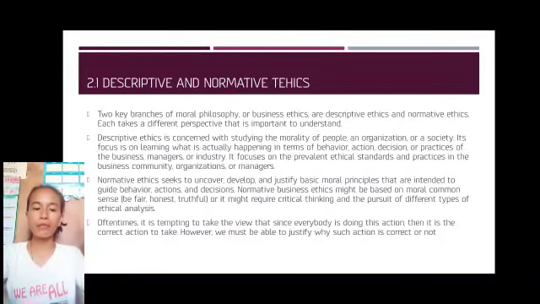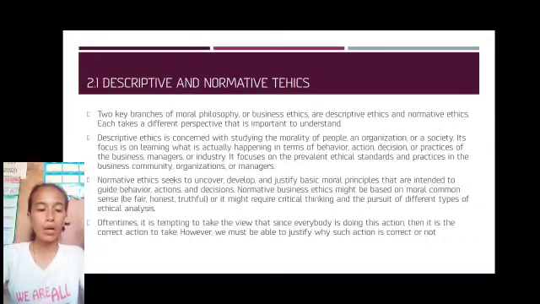Descriptive and normative ethics. Two key branches of moral philosophy or business ethics are descriptive ethics and normative ethics, which take different perspectives that are important to understand. Descriptive ethics is concerned with studying the morality of people, an organization, or a society.